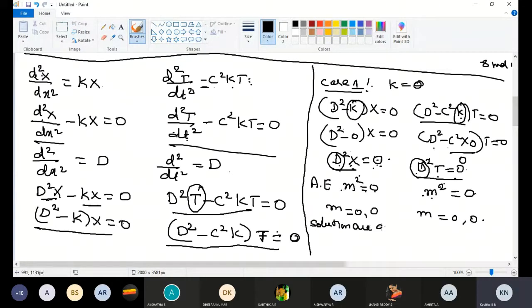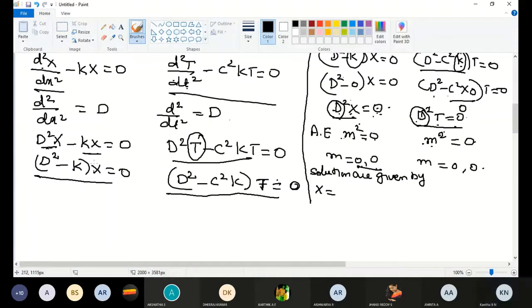The solutions are given by: for capital X, the roots are repeated and also real. If the roots are repeated, m1 and m2 are roots, m1 is equal to m2.